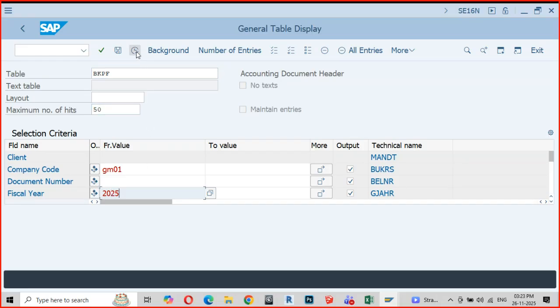So execute. It gives me the technical names for those fields: BUKRS, BELNR, GJAHR. It is not that they just found some names; there is a specific meaning for this. What is BELNR? What is GJAHR? What is BUKRS? What is MANDT? Why is it MANDT?